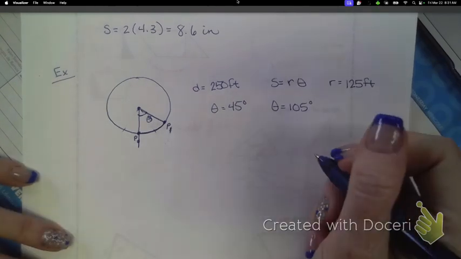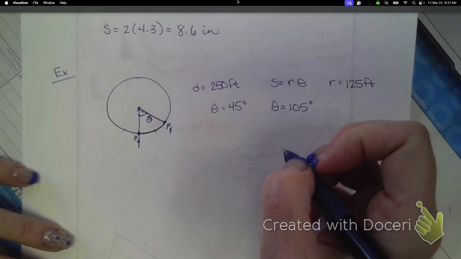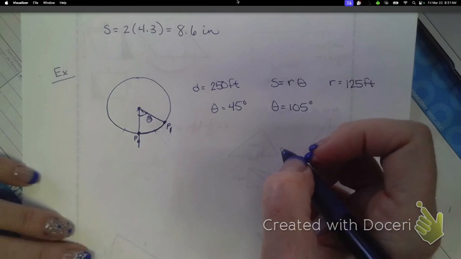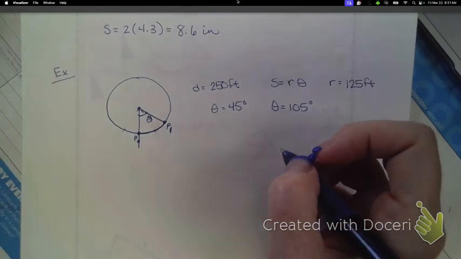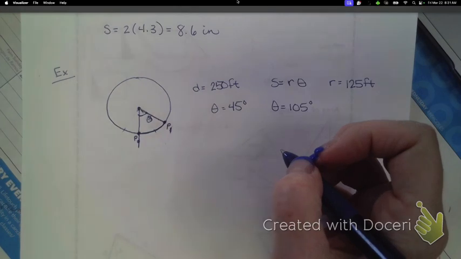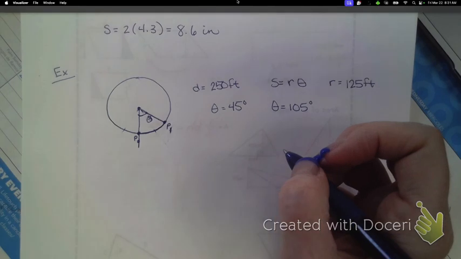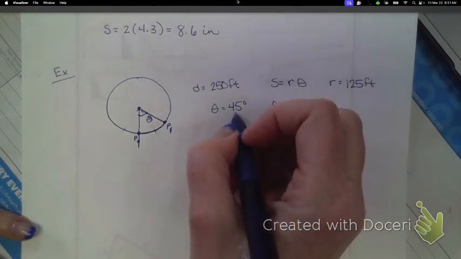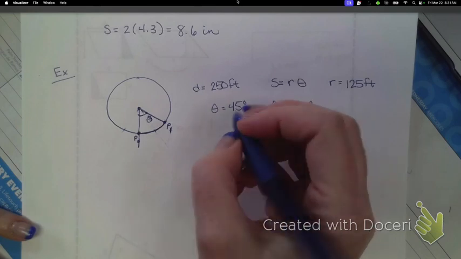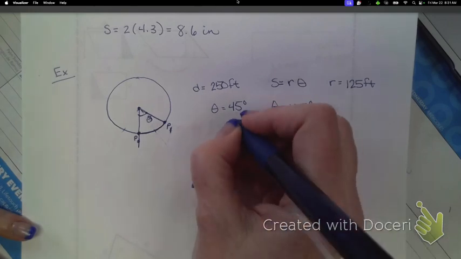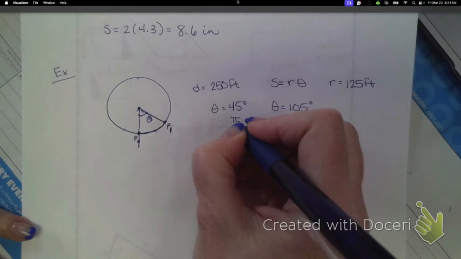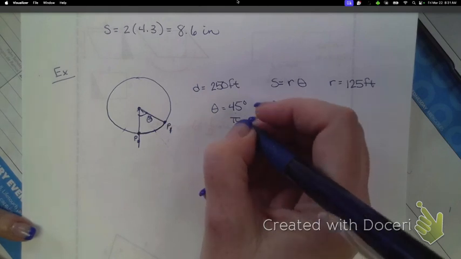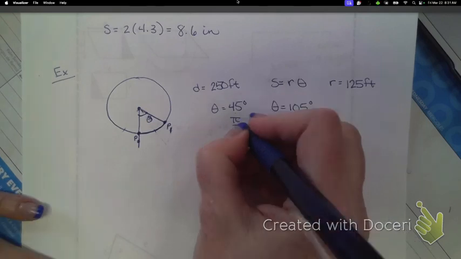And before I can do these, I need to make both of these angles into what measure? Radians. Okay, so 45 is one we know. 45 goes into 180 how many times? 4, sorry.